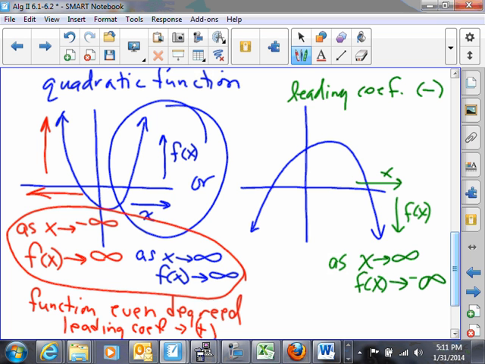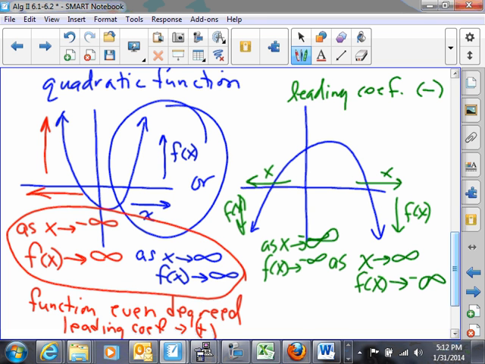Okay, now pause the video here and try to write the end behavior for the other side of this parabola. Okay, we're back. Now, notice x is going this way, f of x is going this way. So we write as x decreases without bounds, negative infinity, f of x decreases without bounds as well.